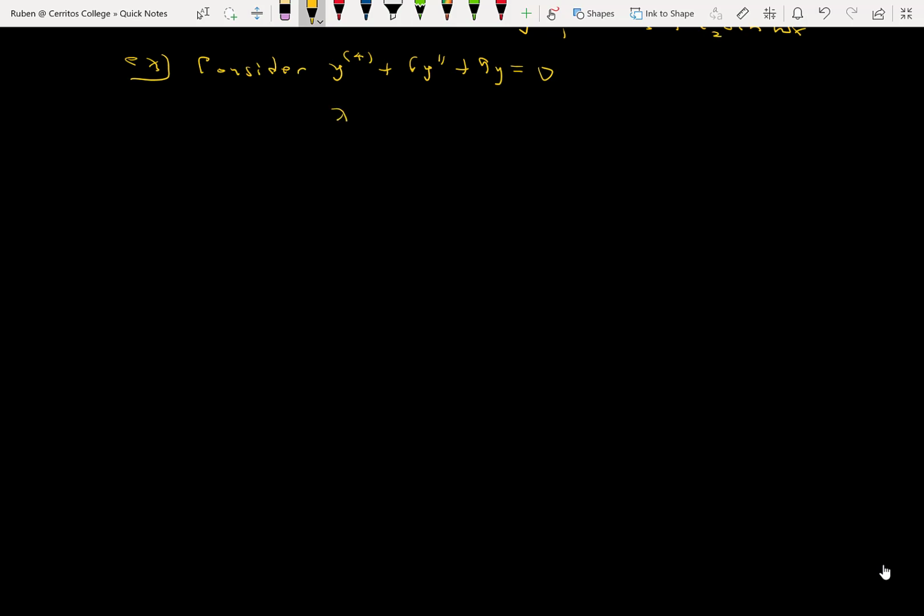The auxiliary equation is lambda to the fourth plus 6 lambda squared plus 9, remember not 9 lambda, 9 equals 0.